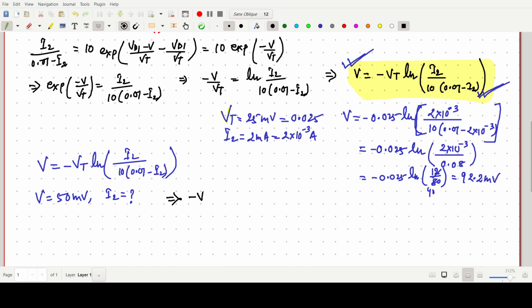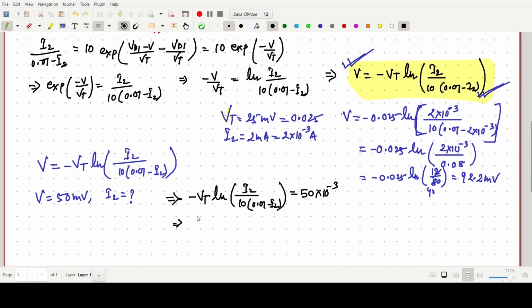So what can we write? Minus Vt ln of I2 by 10 times of 0.01 minus I2, in bracket, equals 50 millivolt. So 50 into 10 to the power minus 3. Okay, so now from here we have to find the value of I2.